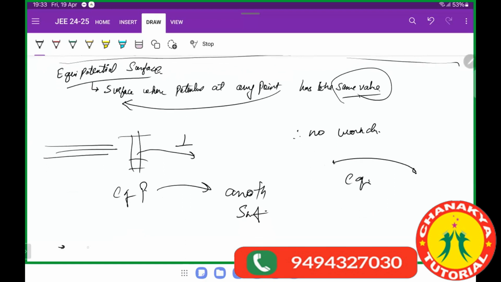Next thing, you can even write in your own words to remember. Equipotential surfaces do not cut each other.